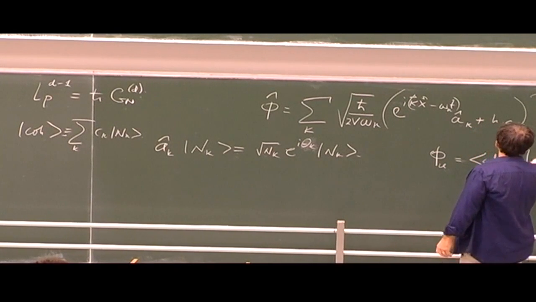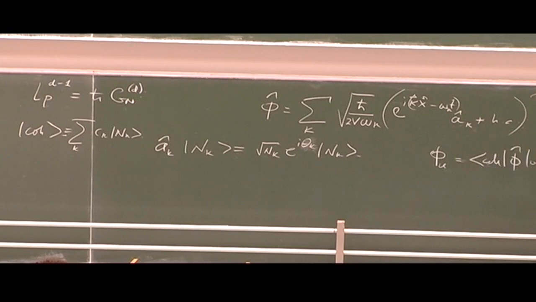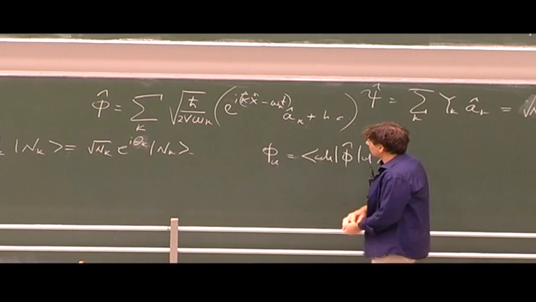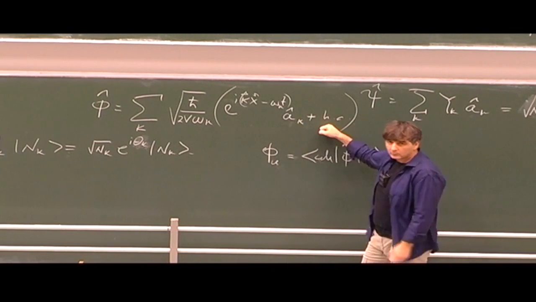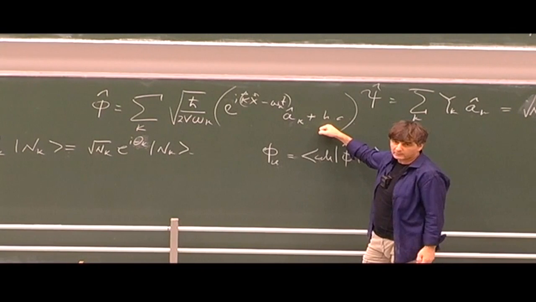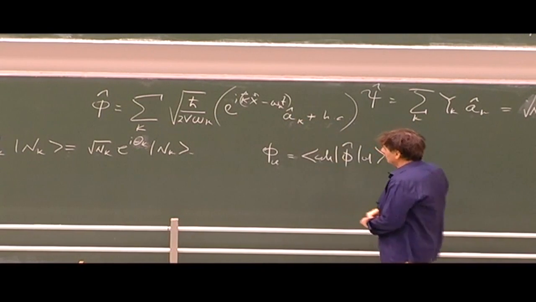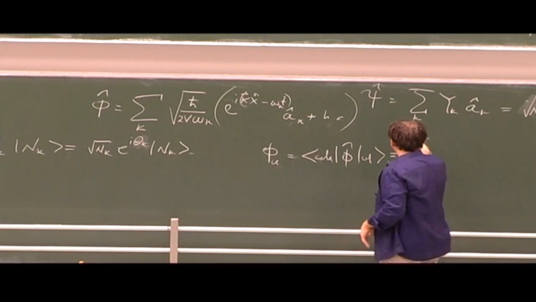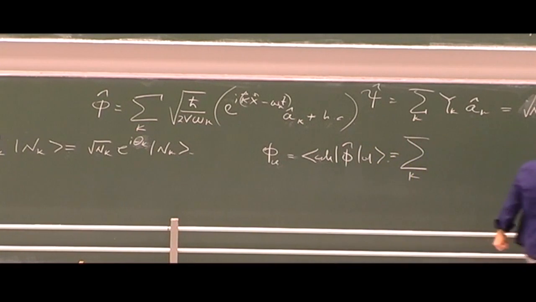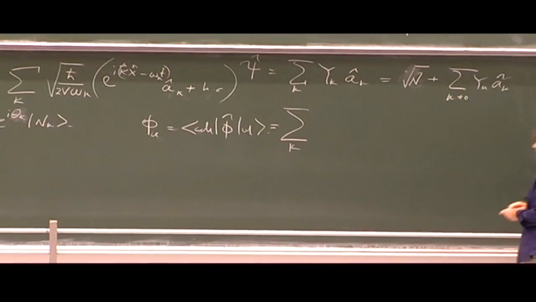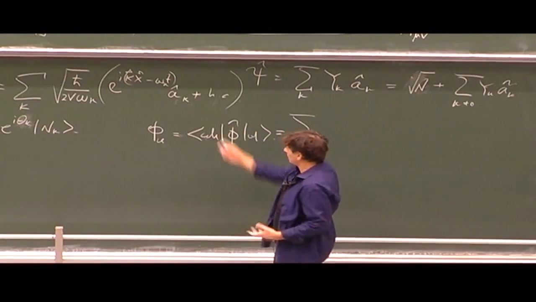You see immediately what happens right here. When I take expectation values, these give me occupation numbers, or rather square roots of occupation numbers. And you get the following structure.